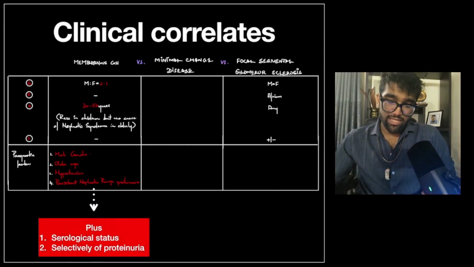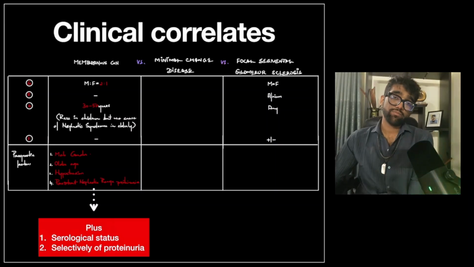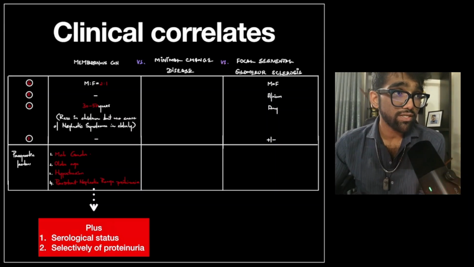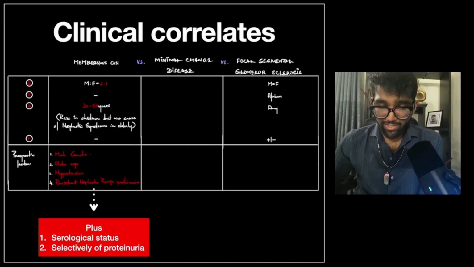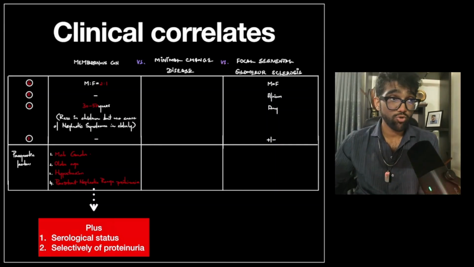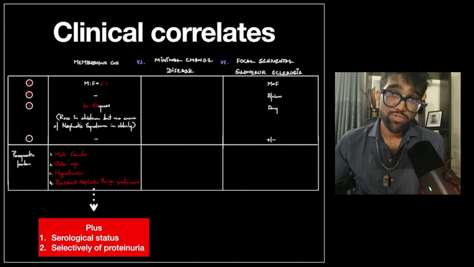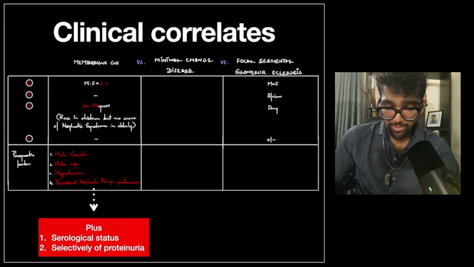Additionally, as you've already seen, the titer of the phospholipase A2 receptor antibody and the selectivity of proteinuria, that is the ratio of urinary IgG to serum IgG to urinary transferrin to serum transferrin being more than 0.2, or the absolute loss of immunoglobulin in urine being more than 250 international units per ml. Both are important prognostic factors.